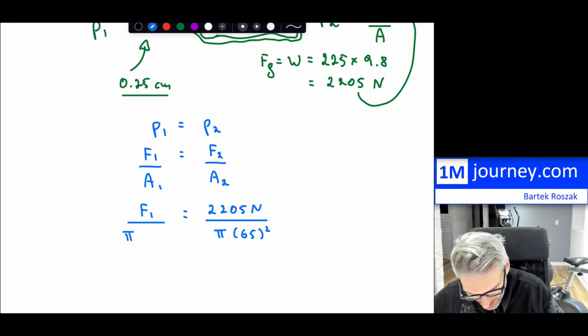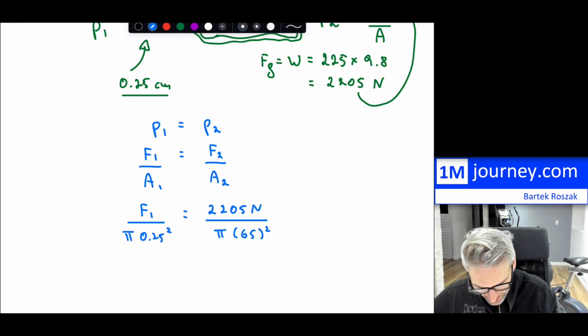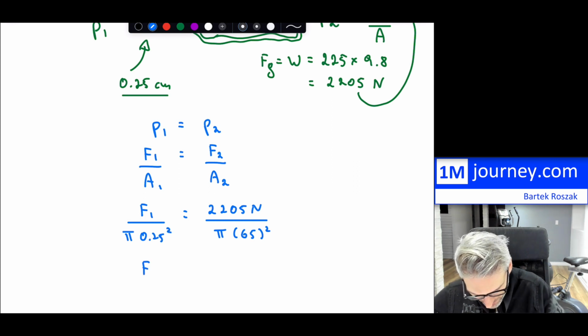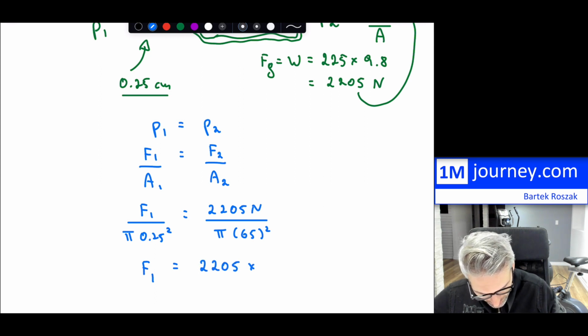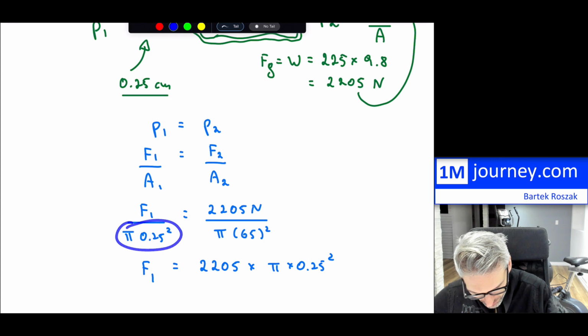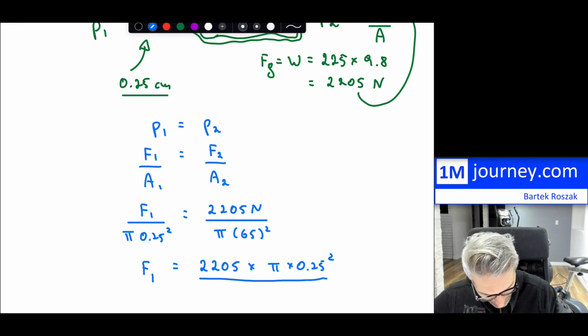So this is going to be pi, and now this radius is very tiny, so squared. And now I can find out what this F1 is. So this is going to be 2,205 multiplied by pi times 0.25 squared. I'm multiplying both sides by it, so it gets shifted to the other side, and then divided by what I have over here.